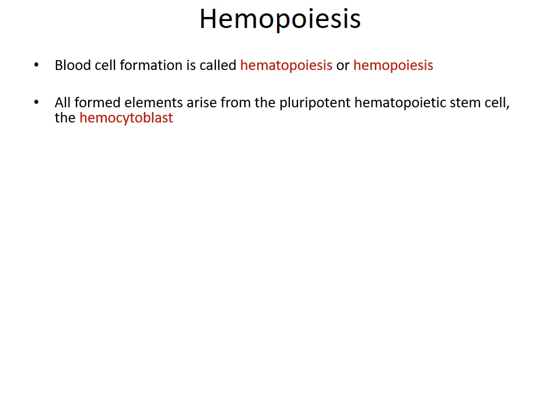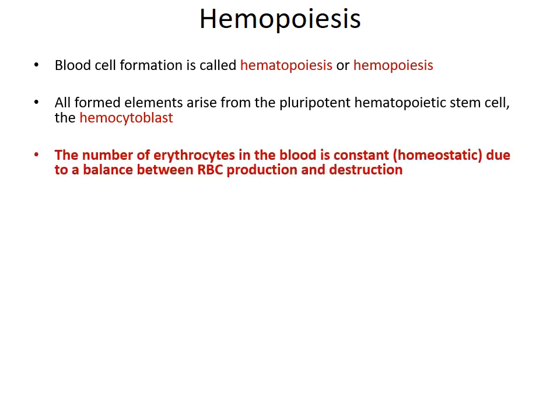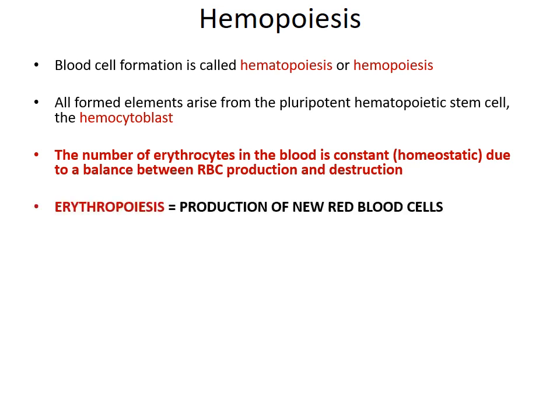It can transform into various types of WBCs and so on. The number of erythrocytes in the blood is constant due to a balance between RBC production and RBC destruction. Erythropoiesis is the formation of new red blood cells. The process begins with the stem cells or the hemocytoblast.